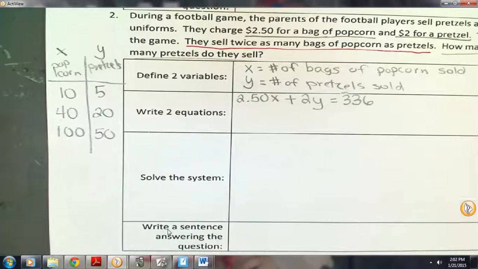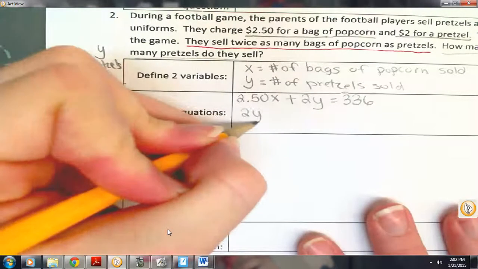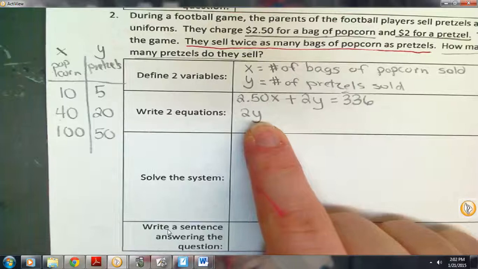So let's think about what we're saying. They sold twice the number of pretzels as popcorn. How can you show twice the pretzels? 2y. They sold twice the pretzels.